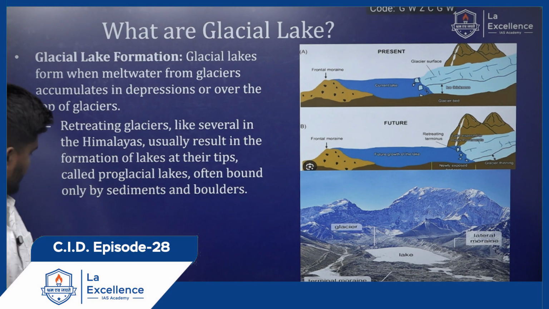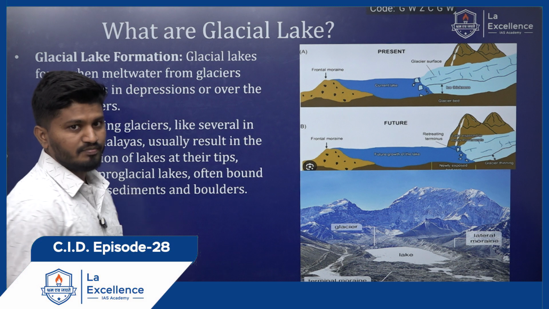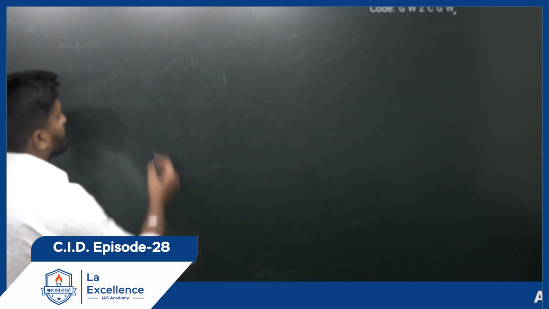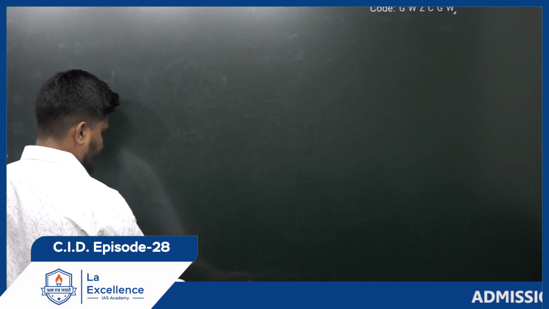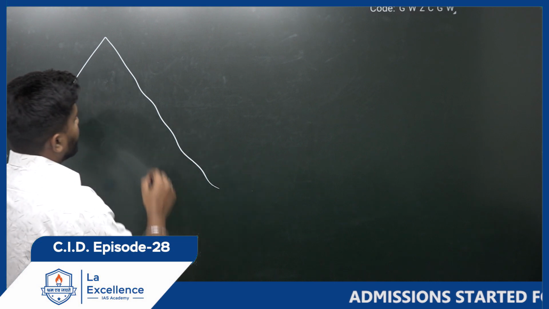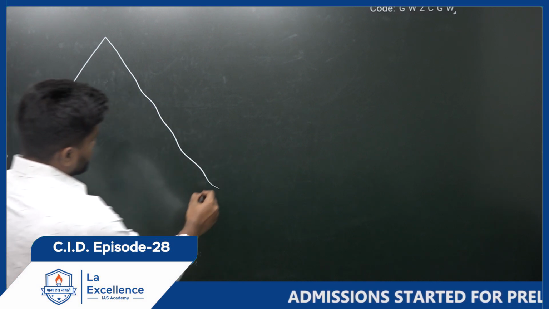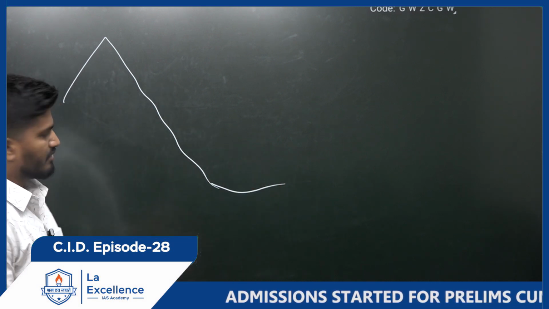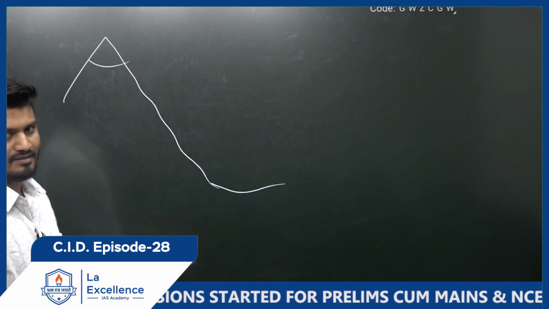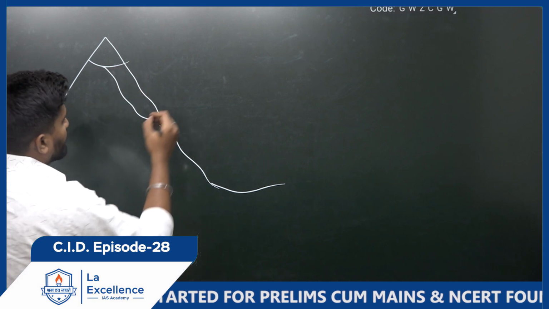Before we understand what is the Glacial Lake Outburst Flood, we have to understand what is Glacial Lake. Okay, so Glacial Lake is, suppose like this. So these are the Himalayas and this is certain mountain and this is the basin here. Okay, what happens here is, in Himalayas, because of the cold climate, there will be glaciers. What are glaciers?